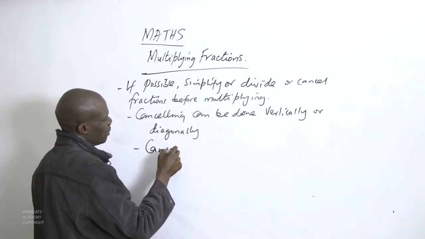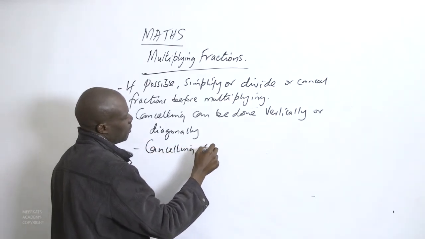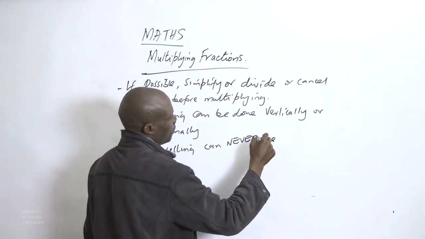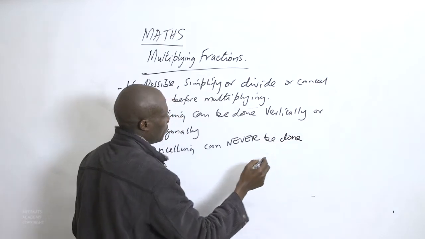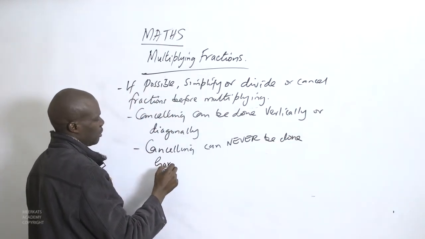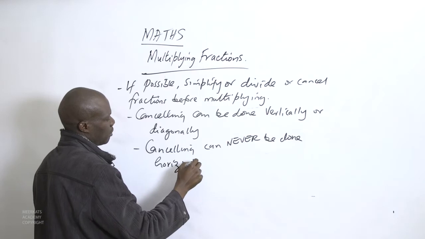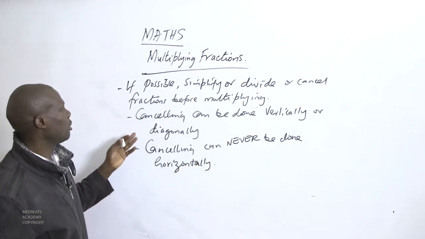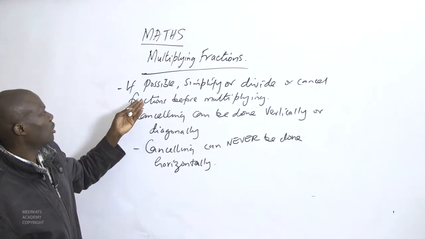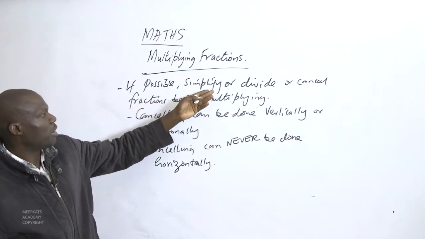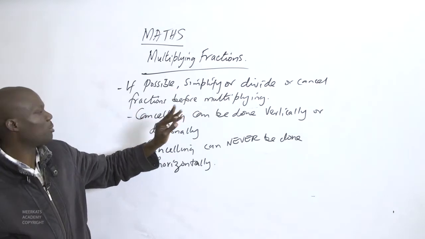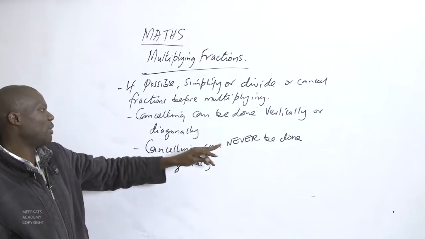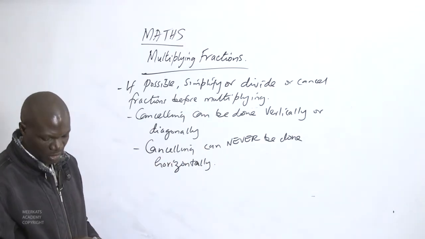Cancelling can never be done horizontally. So we shall require, if possible, to simplify or divide or cancel fractions before multiplying. And as we do this, it can be done vertically or diagonally, but never ever horizontally.